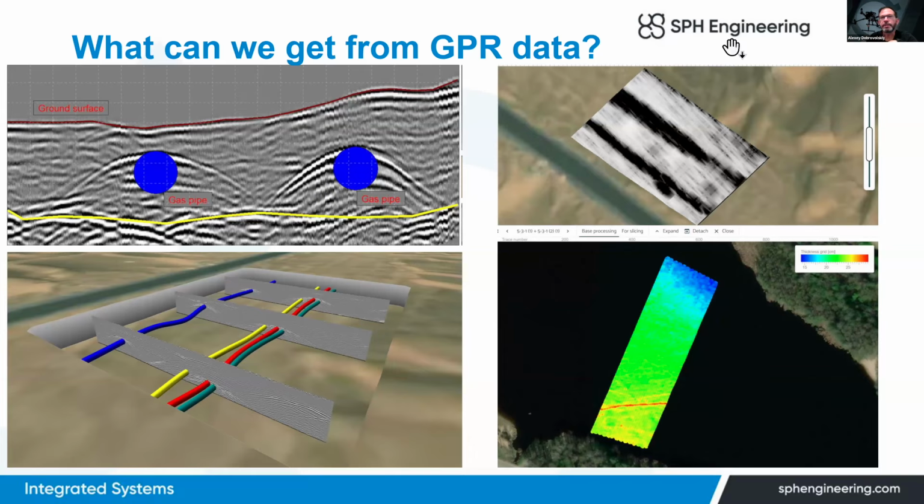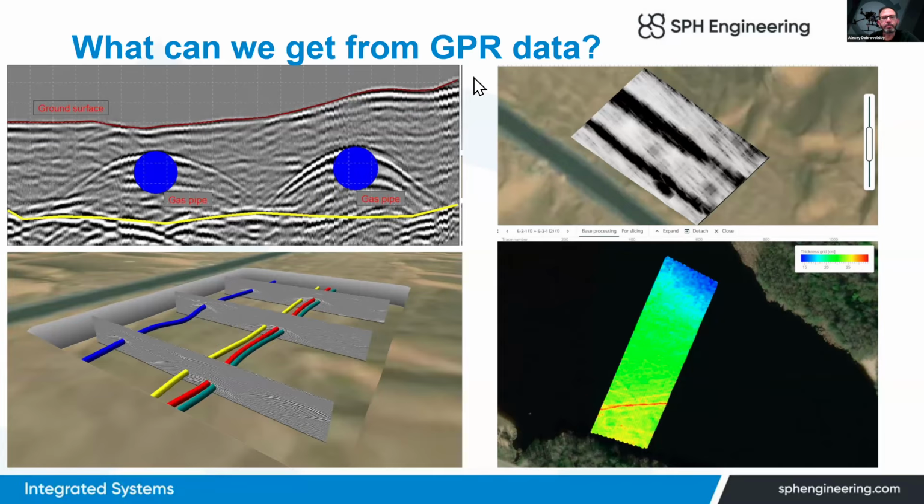We can provide, as a result of GPR data, horizontal slices at the same depth under the surface, and in that representation we can see the same pipes actually, but from above.